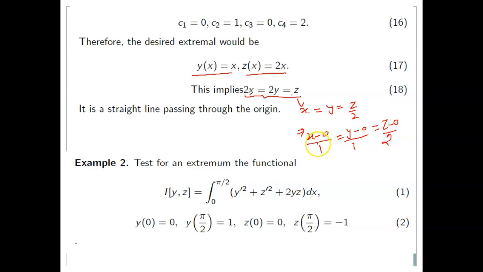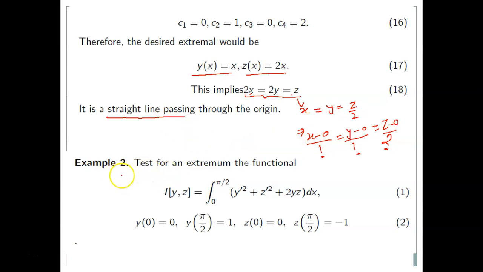So you can say this is the equation of a straight line passing through origin, because of these 0, 0 and 0, and these are the direction ratios of the line. This is clear from the knowledge of three-dimensional geometry. So the extremal of this particular problem is a straight line passing through origin.